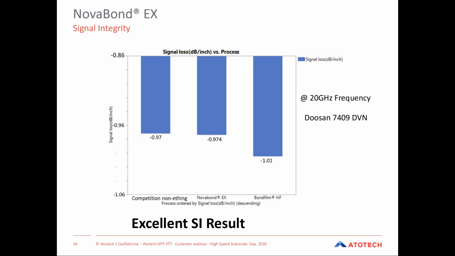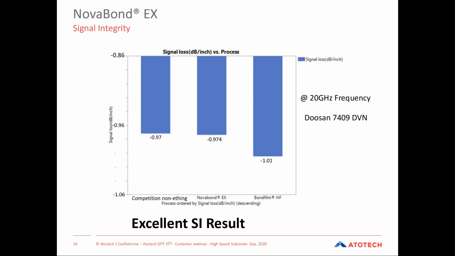That's what we want to target: the lower number. It was measured at 20 gigahertz, targeted by one of our customers. The material laminated on top is Doosan 7409 DVN, which is very commonly used for high frequency application materials.